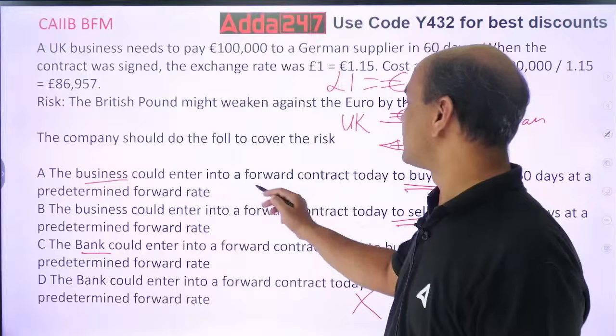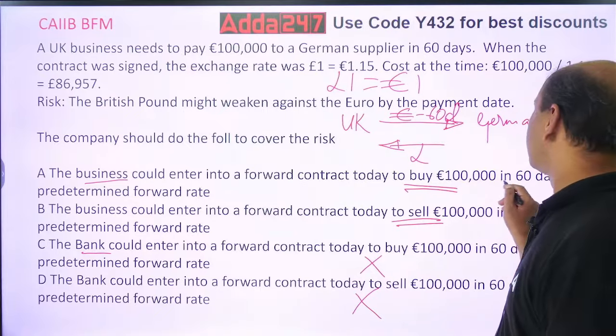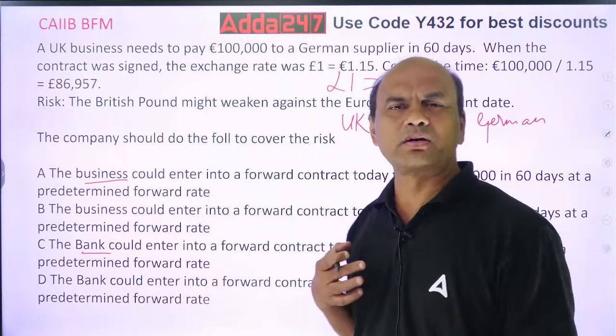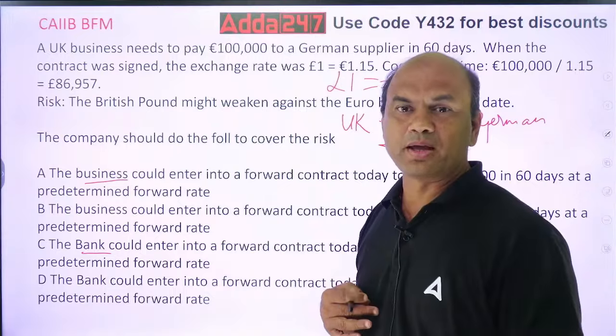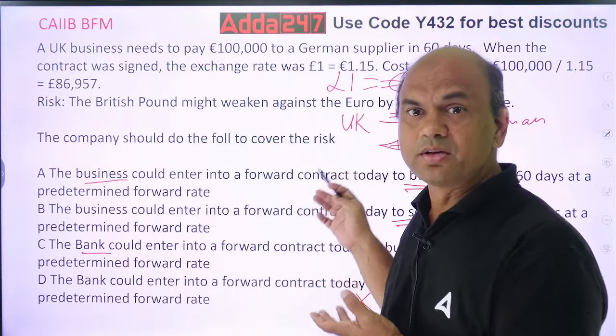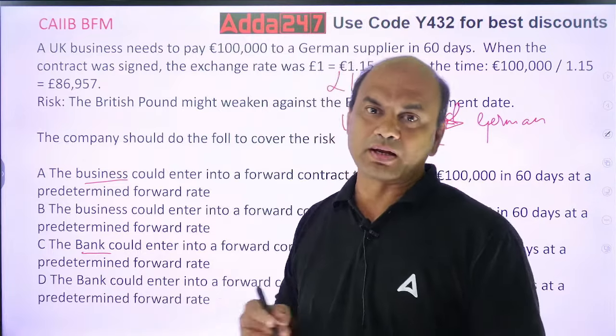The business could enter into a forward contract today to buy this euro 1 lakh. Why should I buy euro 1 lakh over here? Because I have to give it to that person. I'll be having pounds at that time with me. So I'll enter into a contract right now.